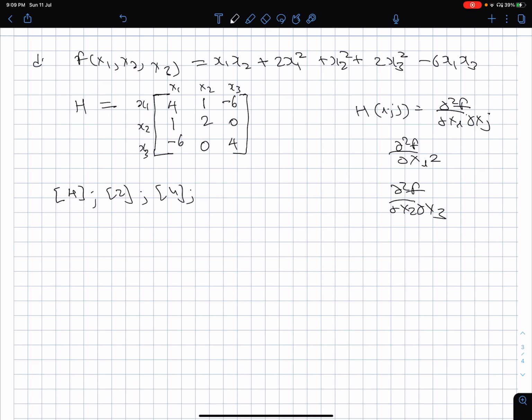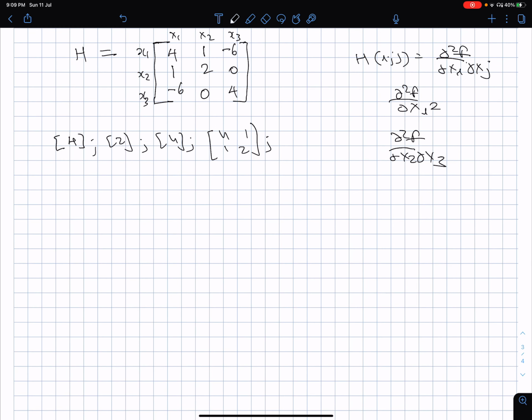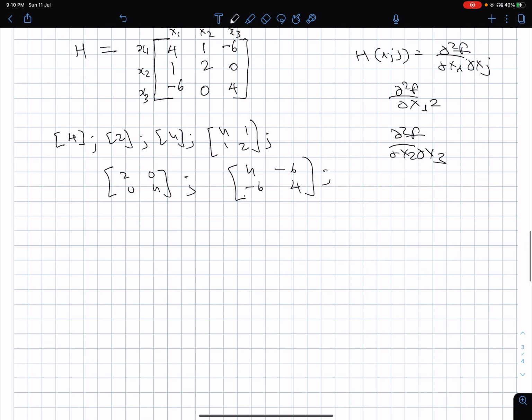Now let's look at the 2 by 2 matrices that we will get along the diagonal. So I am going to get 4 1, 1 2, then 2 0, 0 4, and then 4 minus 6, minus 6 4, and finally all of them put together, which is the original matrix: 4 1 minus 6, 1 2 0, minus 6 0 4.